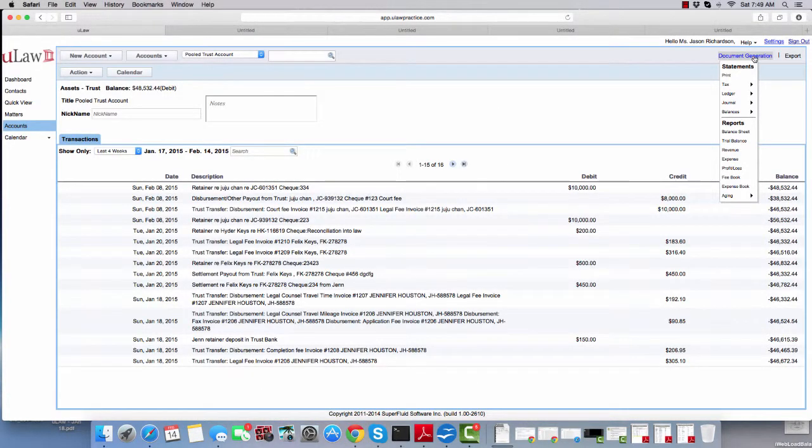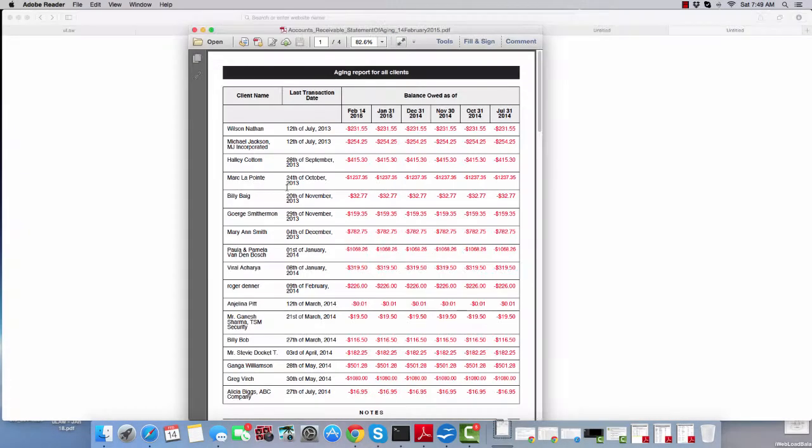The last and final document that we recommend, if you have time on your hands, is what we call the aging document. You can do an aging document of your receivables. This document will take a few seconds to download, but what it'll give you is a list of all the people who have not been paying you, and how long they've been your bad offenders.